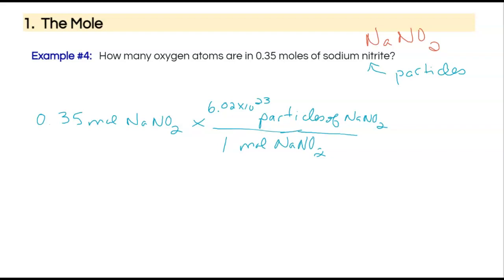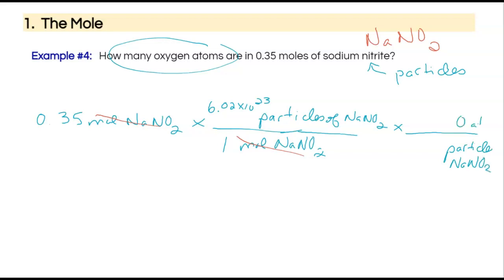If I stopped there, all I would have accomplished would be to get rid of moles of sodium nitrite and get the number of formula units of sodium nitrite. But I don't actually want that, so I need to keep going, because the question is asking how many oxygen atoms. I know that I'm looking at particles of sodium nitrite, and I want oxygen atoms.